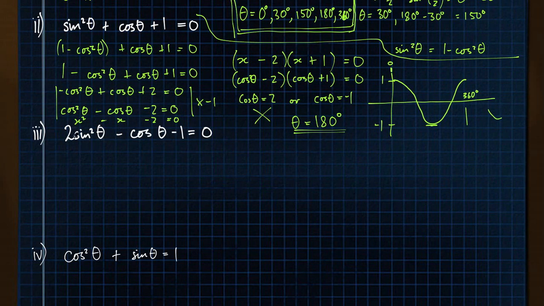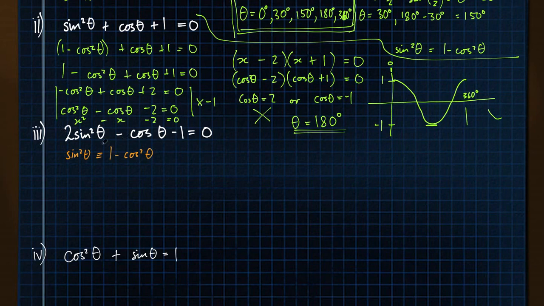Next question, very similar thing. I'm going to replace that sine squared theta with 1 minus cos squared theta. So again, I'll write that identity underneath. Sine squared theta is identically equal to 1 minus cos squared theta.